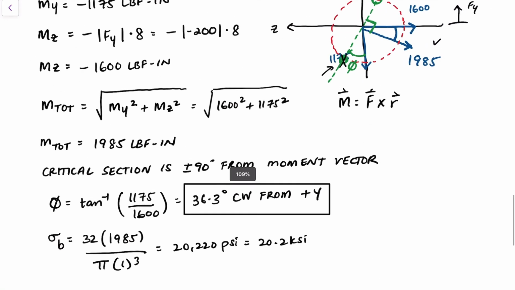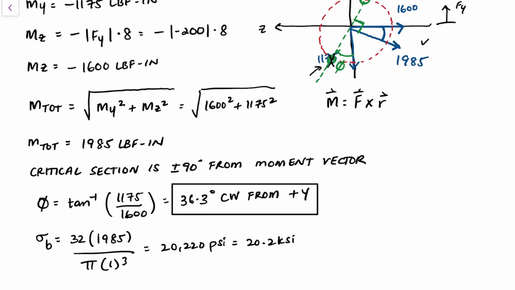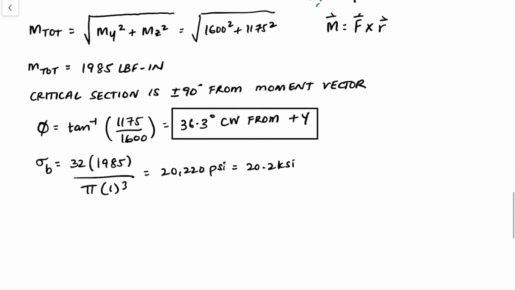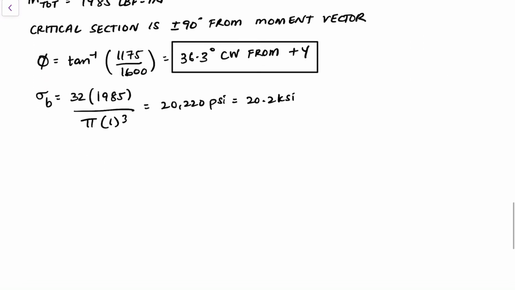All right. So now we've determined all the 4 kinds of stresses that we needed. We ignore transverse shear, of course, and we know exactly where the critical stress element is located. Now it's time to combine these stresses, right? So we can combine the normal stresses, and both these normal stresses are acting in the x direction.